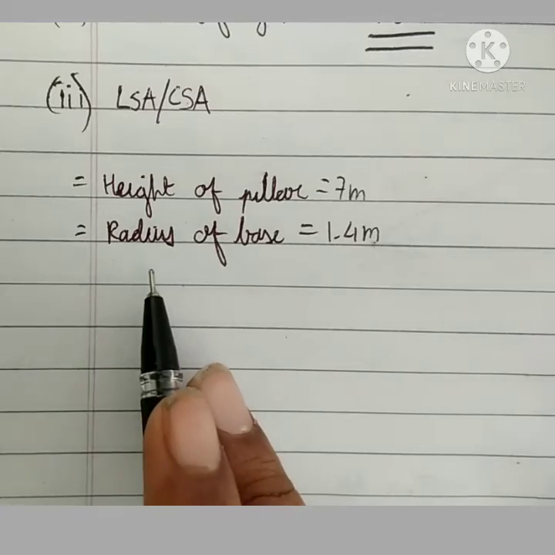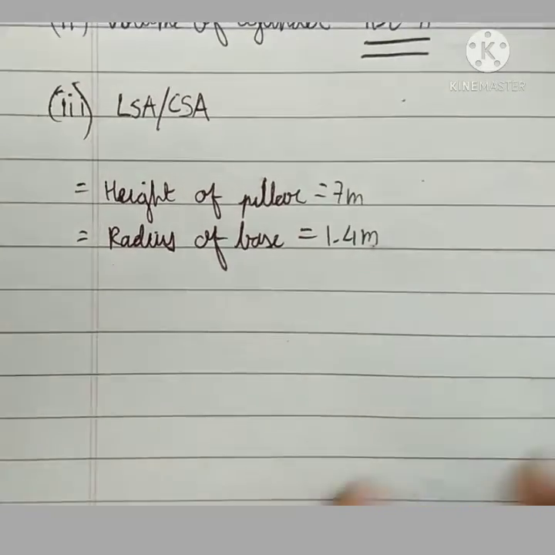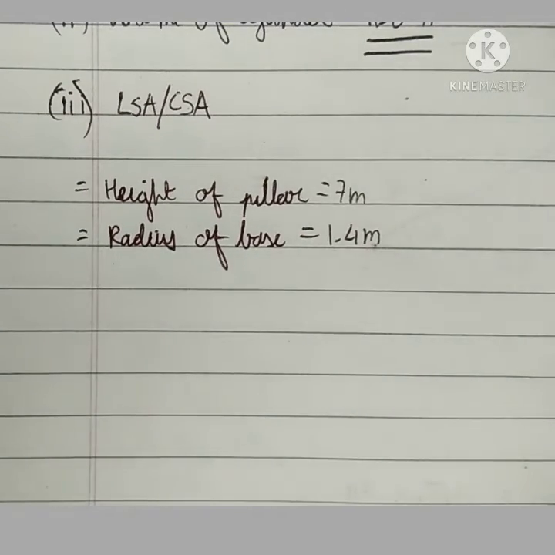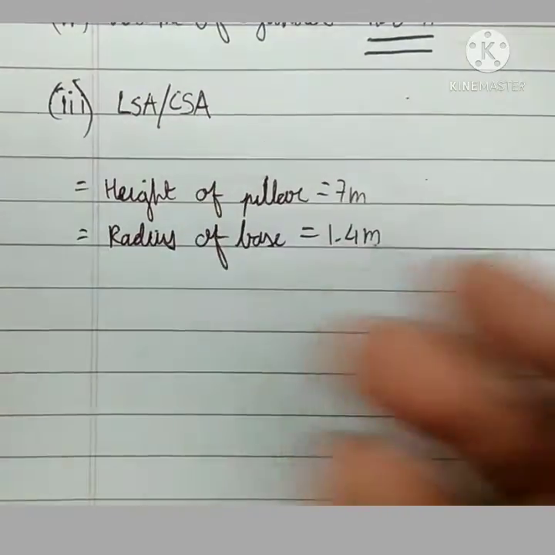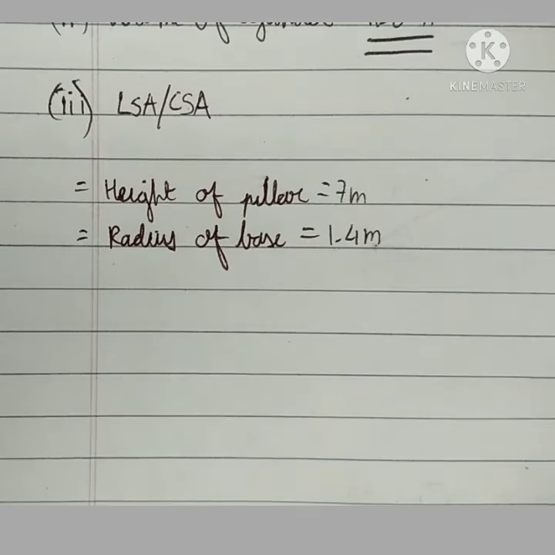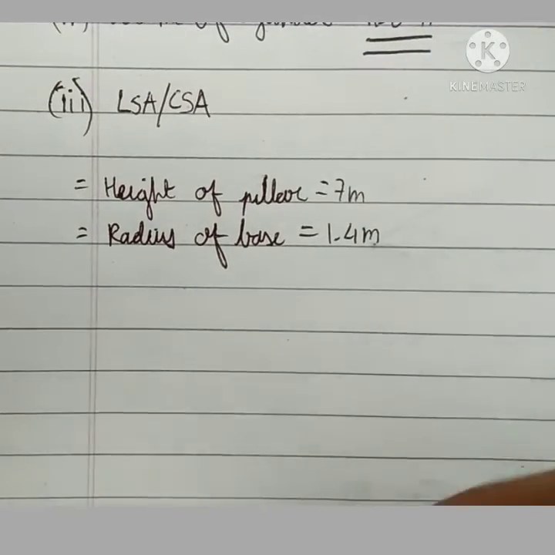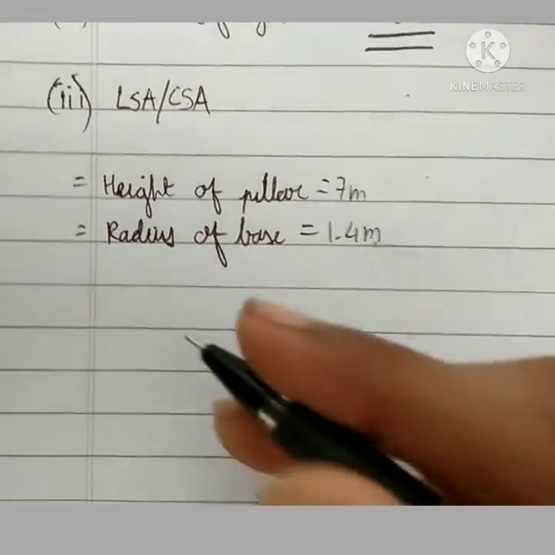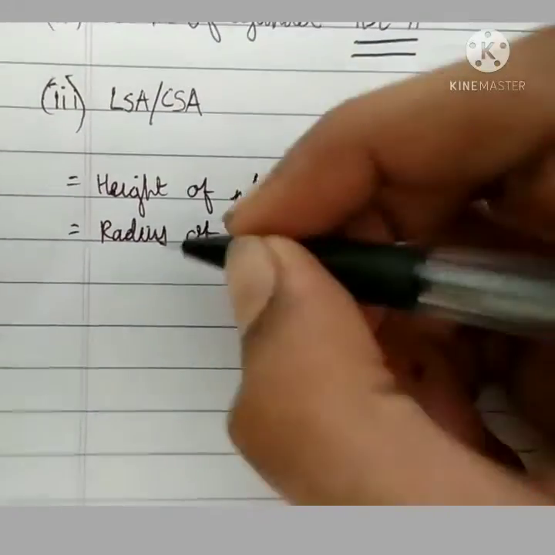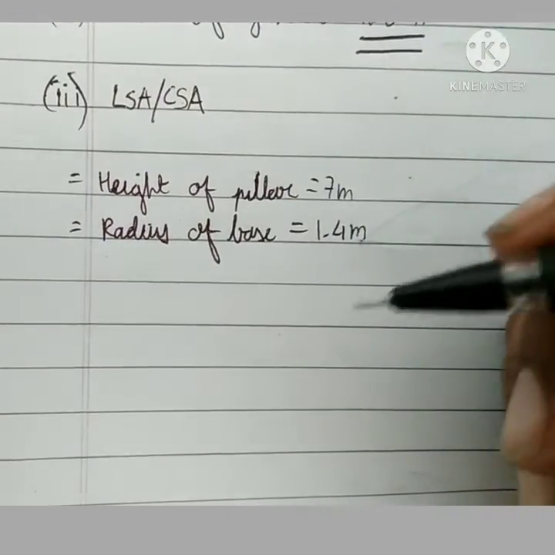See, radius is only associated to round, circle shape. Okay, so there is only one 3D figure out of all we know, which has a round, which is a circular base, which is a cylinder. Okay, so basically we have to just find the LSA of a cylinder with the dimensions given.